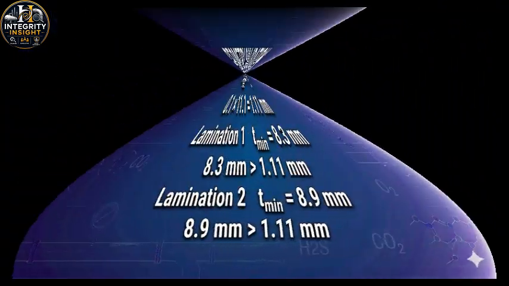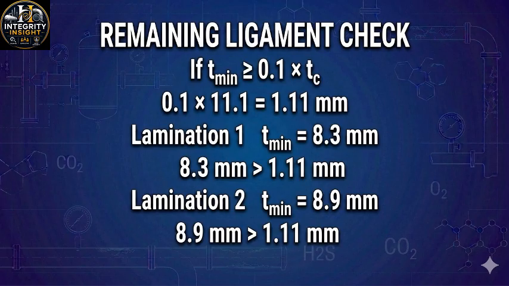Next, we assess the remaining ligament thickness. Think of the remaining ligament as the sound material left around the defect. This material must still be capable of carrying the applied pressure loads. API requires a minimum remaining ligament equal to 10% of the effective thickness.